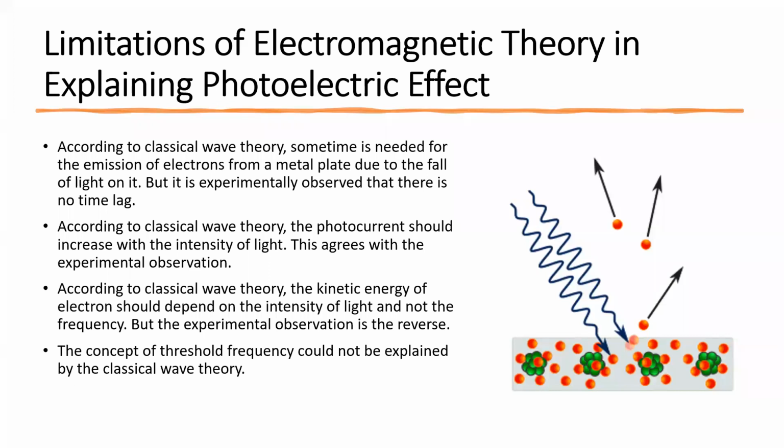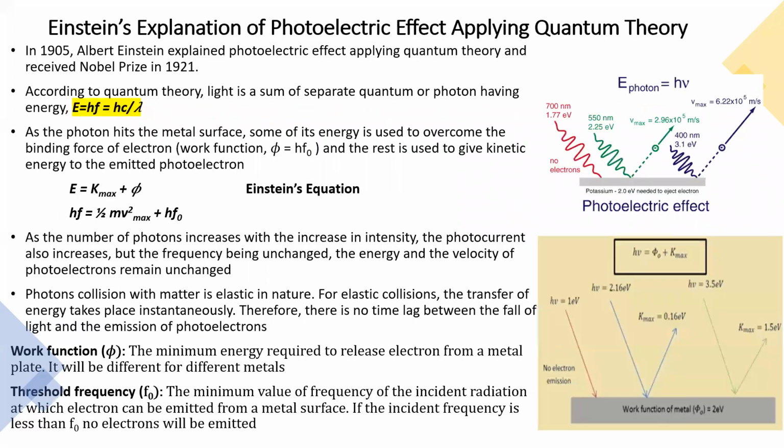Yes, teacher. Okay. Now let us see how Einstein explained the photoelectric effect applying quantum theory. In 1905, Albert Einstein explained the photoelectric effect applying quantum theory, and he received the Nobel Prize in Physics for that in 1921.